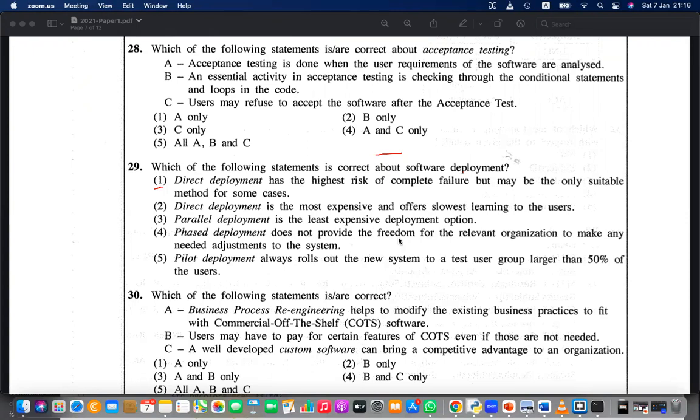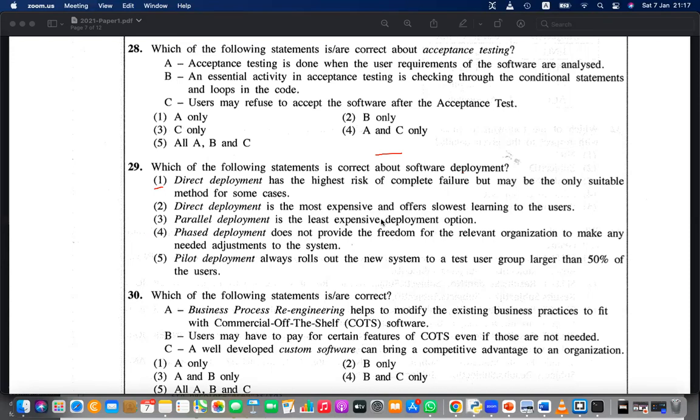Phase deployment does not provide freedom for parallel, meaning the old system and the new system both run together. Phase deployment does not provide freedom for the relevant organization to make any needed adjustments to the system. No, in phase deployment, phase by phase, the adjustments can be done.